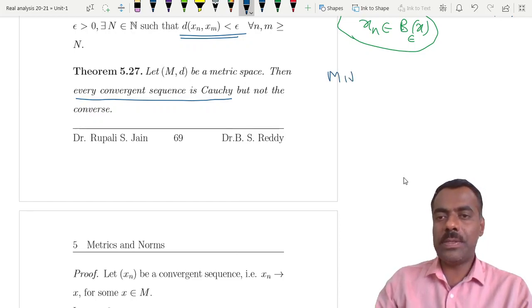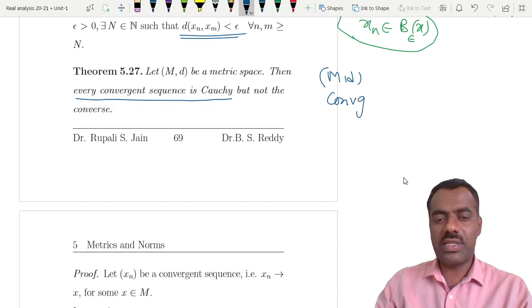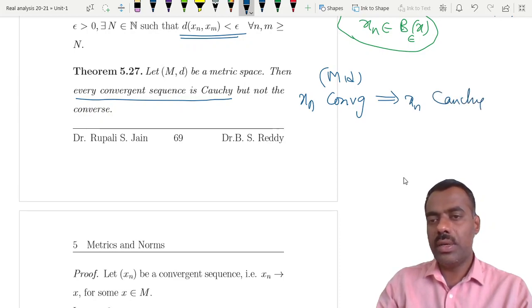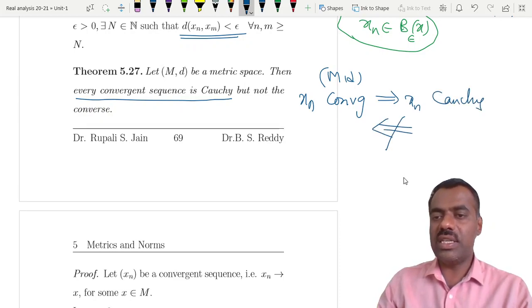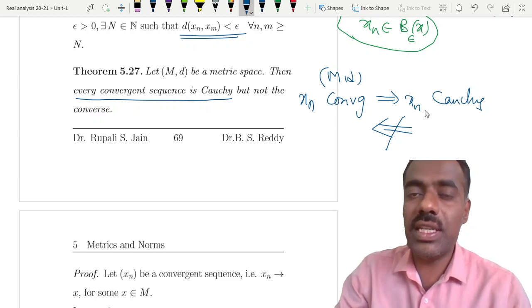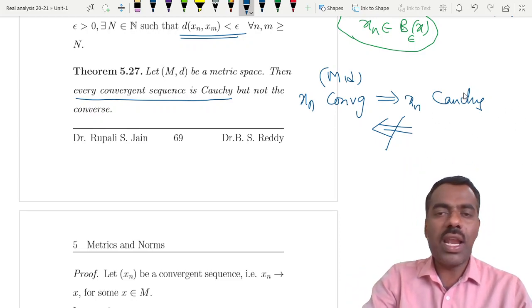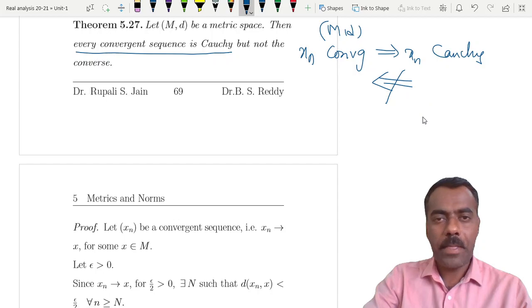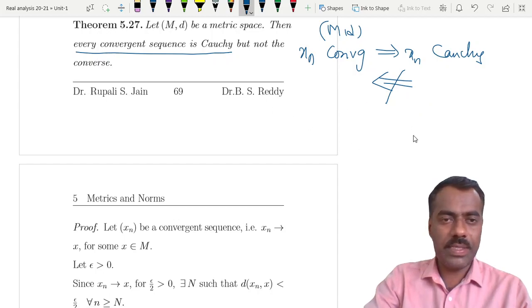So in a metric space, if a sequence x_n is convergent, then we can easily show that x_n is Cauchy, but the converse is not true. We have seen yesterday that it is true in R, right? But not true in a general metric space, right?